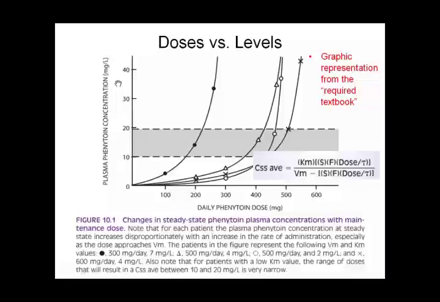And this graph here is from the required textbook, where it represents the plasma level following the administration of different daily doses of phenytoin. And as you see, when the dose is increased, the plasma level is increased more than proportional to the dose.